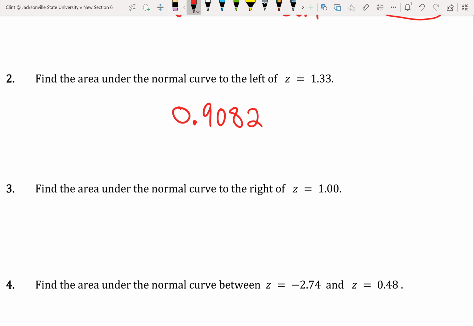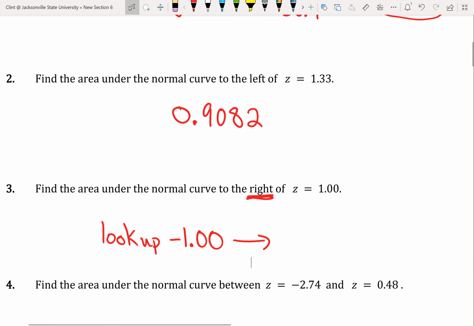Okay. Number 3, it's a little bit different this time because it says find the area to the right of z. The way I'm going to do this one, you can do it differently, but I'm going to look up negative 1.00. Since it's to the right, I'm going to look up the opposite of what it gives me.